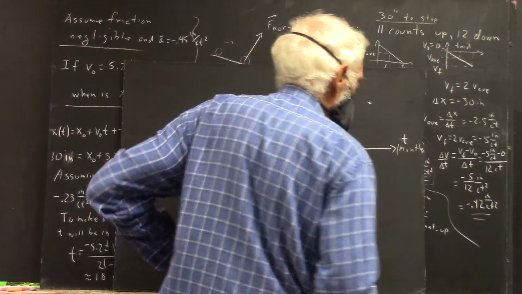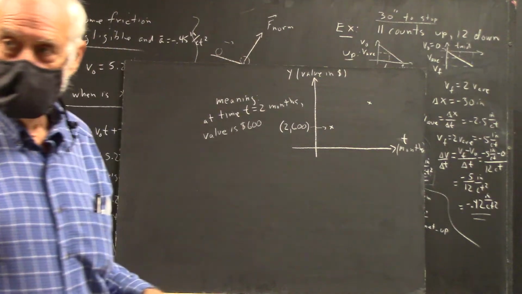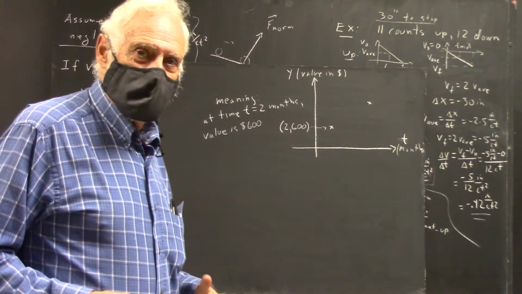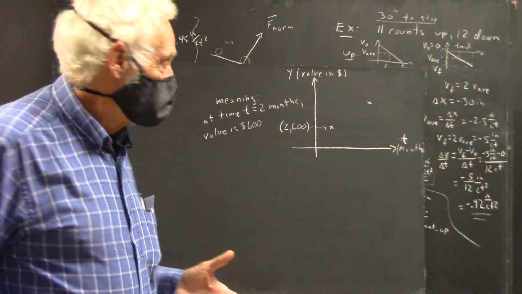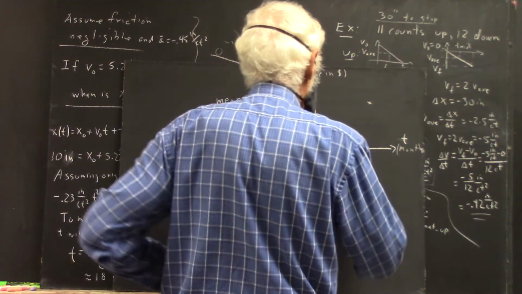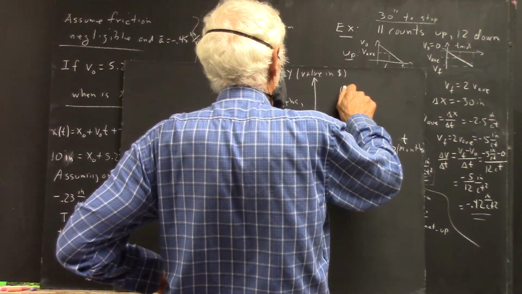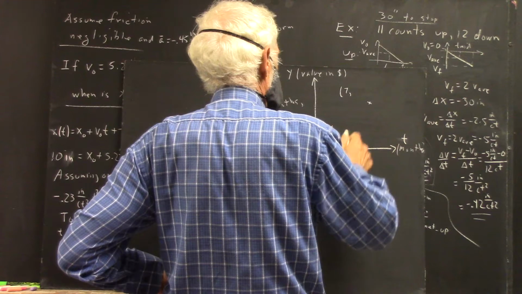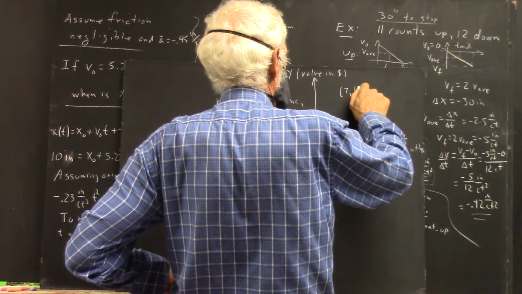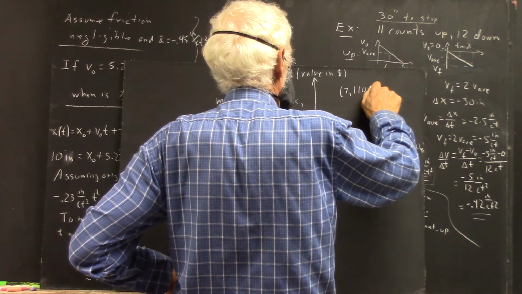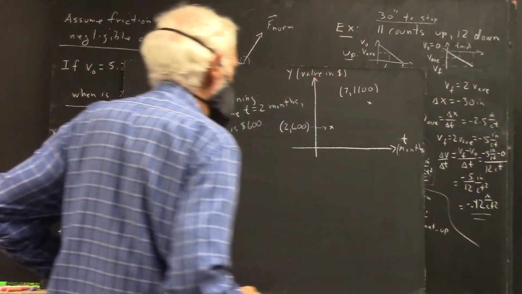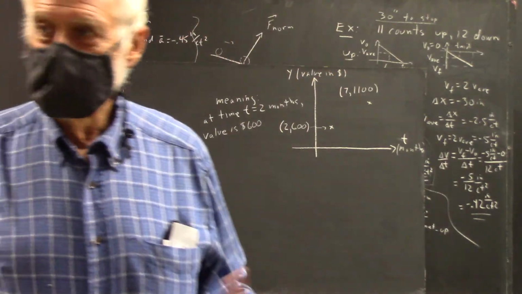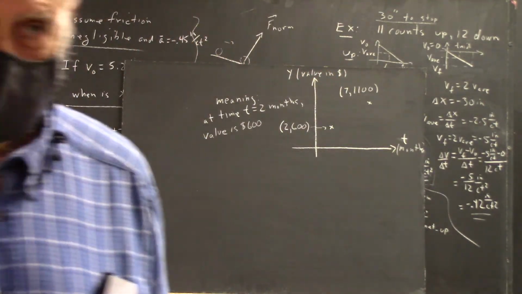Let's say your value is going up, so it's probably not your vehicle, probably not your smartphone. The value is going up, and at 7 months, it's $1,100. That means that at 7 months, your value is $1,100, right?